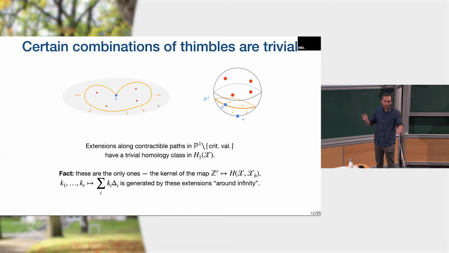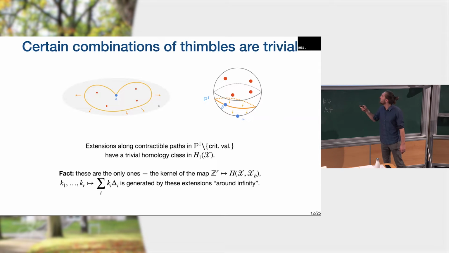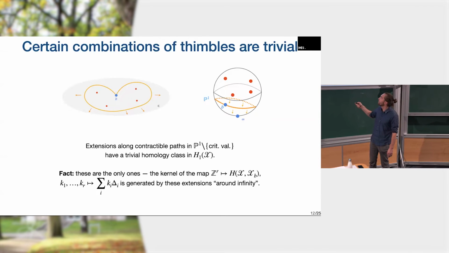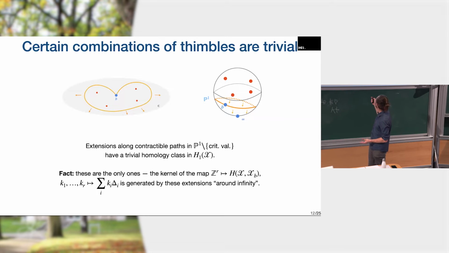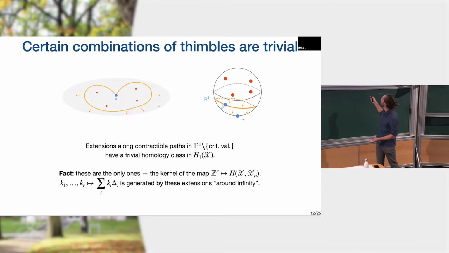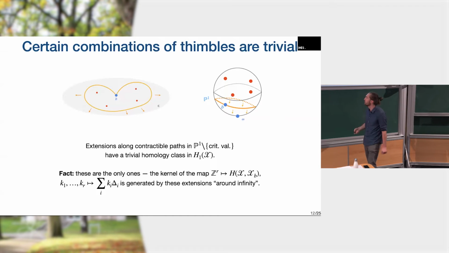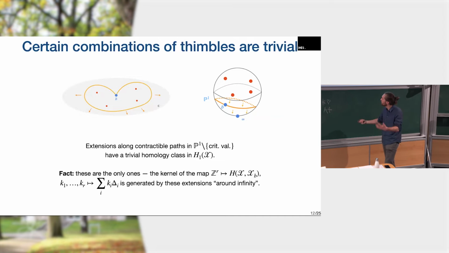There's a slight twist, however, which is that some combination of thimbles are trivial. Namely, because we work in the projective setting, if you take a loop that goes around all the critical values, then this loop will be contractible in the projective line, like here. So this orange loop is contractible at infinity somewhat. So there are some combinations of thimbles that are trivial, but you can compute them nonetheless.